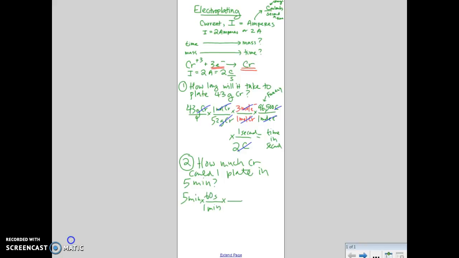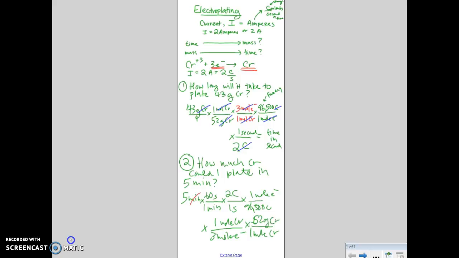We use the current to change from seconds to coulombs, so 2 coulombs for every 1 second. We know that 96,500 coulombs is equal to a mole of electrons. And we know that every time we use 3 moles of electrons, 1 mole of chromium is created. And 1 mole of chromium has a molar mass of 52 grams of Cr.